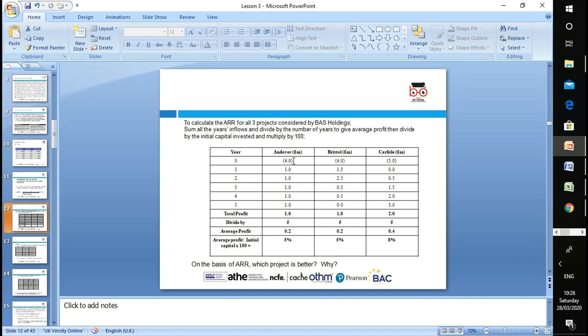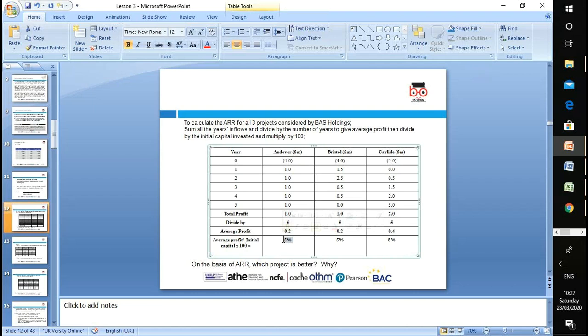If I go for A, it gives me 1 million every year profit up to 5 years. In 5 years, 5 million minus 4 million, so my profit is 1 million, divided by 5, so my average profit is 0.2 million. 0.2 divided by 4 times 100, so I'm getting an average 5% profit every year.